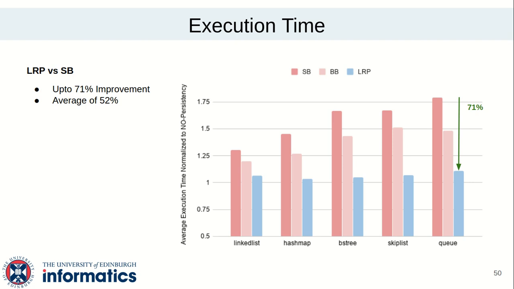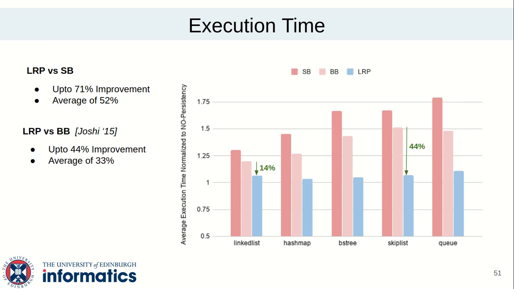The graph shows the execution time for the different schemes normalized to volatile, that is, no persistency implementation. As we can see, LRP significantly improves upon the strict barrier, providing up to 71% reduction in execution time.